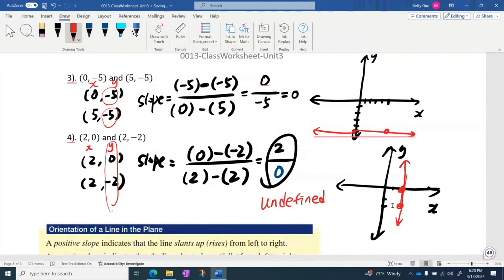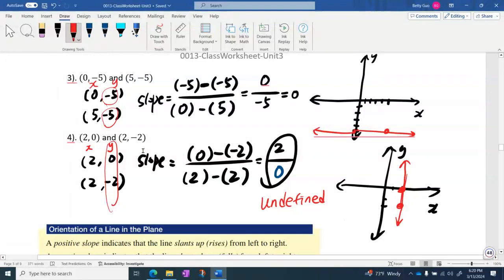The two points are on a vertical straight line, and this vertical straight line does not have a slope. It's undefined. In fact, for any vertical straight line the slope is undefined. Vice versa, if we know a straight line whose slope is undefined, then the straight line must be vertical. So that's our number 4 conclusion.